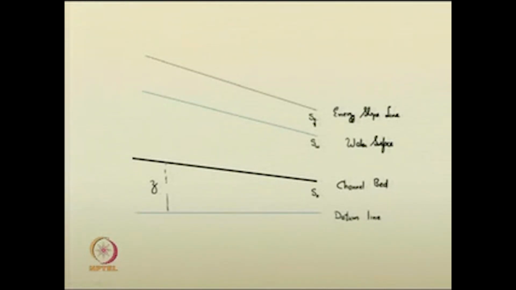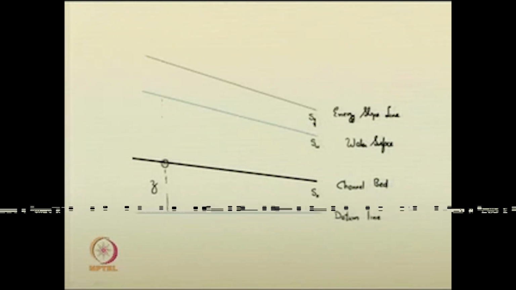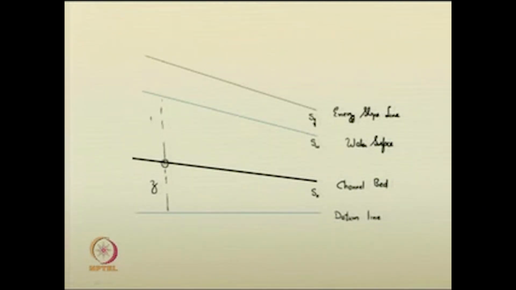We had given these things. Now, at a particular location, if the channel bed of that location is at elevation Z from the datum line, let the depth of flow be Y at that location.